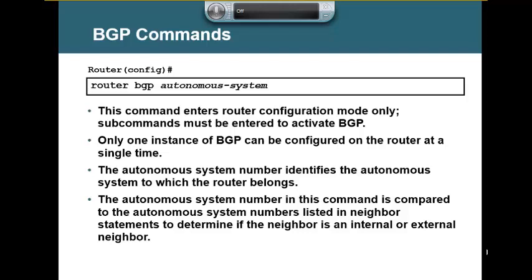Not only that, this autonomous system number will be compared with the neighbor's autonomous system number. If the neighbor's autonomous system number is the same as this router's autonomous system number, then the neighbor is considered internal, which means IBGP. If that doesn't match, then it is EBGP.